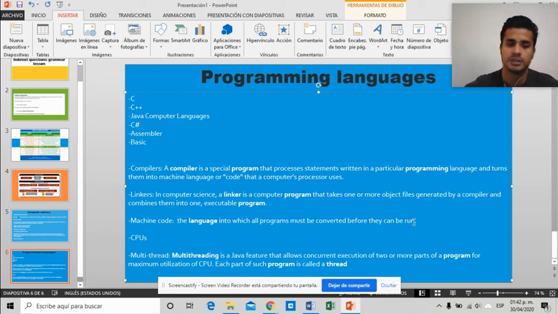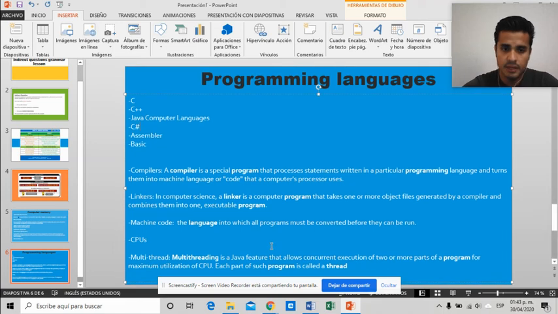It's just an expression. So basically, the CPU, we all know what that is, the central processing unit. And then multi-threading. Multi-threading is a Java feature that allows concurrent execution of two or more parts of a program for maximum utilization of the CPU. Each part of such a program is called a thread. So let's imagine multi-threading is basically like multitasking, but for a programming language.